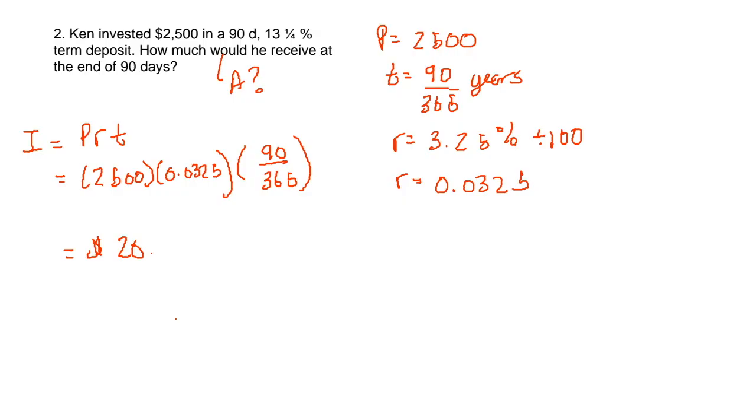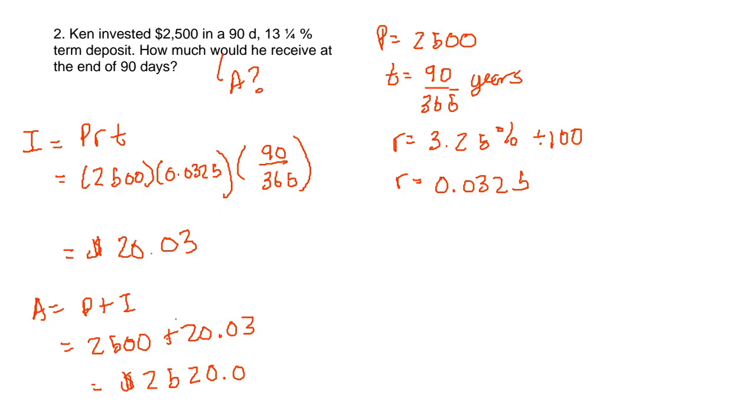But the amount, remember, is our principal plus our interest. We had a principal of $2,500, and the interest we just found was $20.03. So we have a total of $2,520.03, which is the amount that Ken will receive at the end of 90 days.